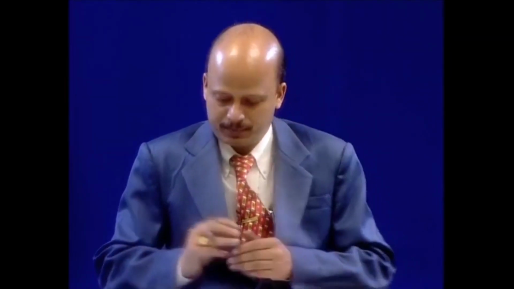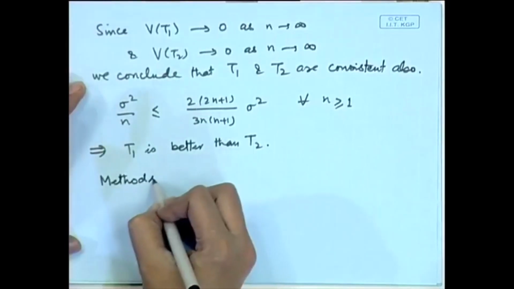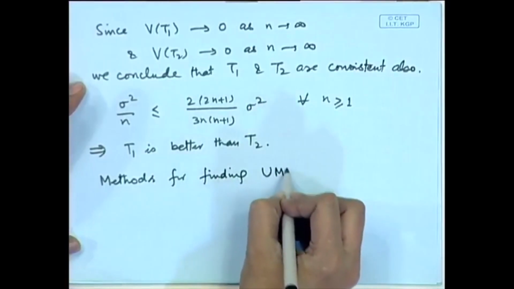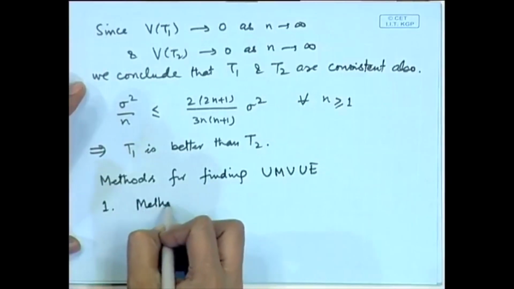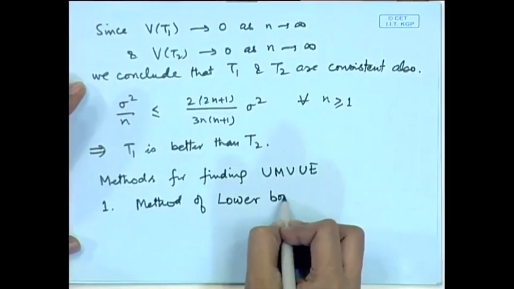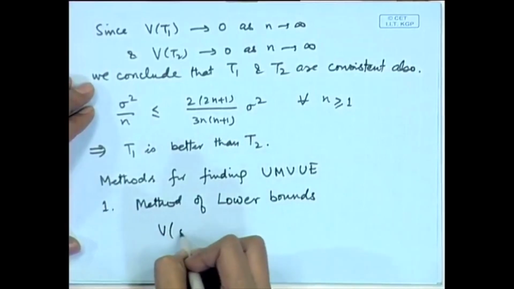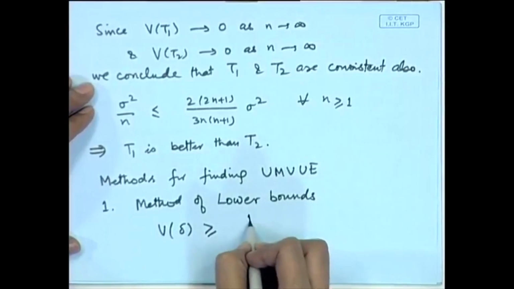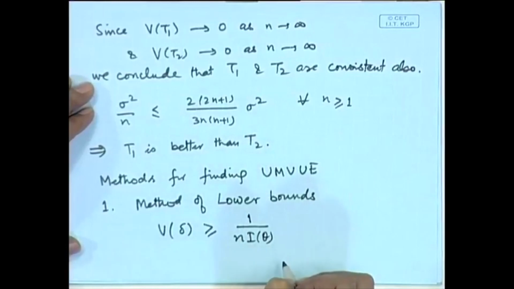There are two methods for finding out the UMVUE. One method is the method of lower bounds. Under certain given conditions, the variance of an unbiased estimator is greater than or equal to a prescribed number, which is 1 by n times I(theta).